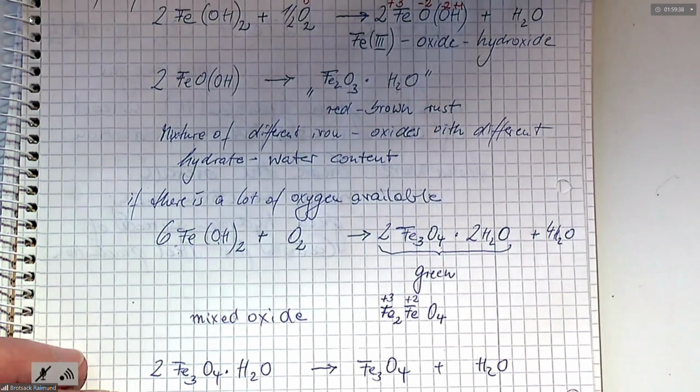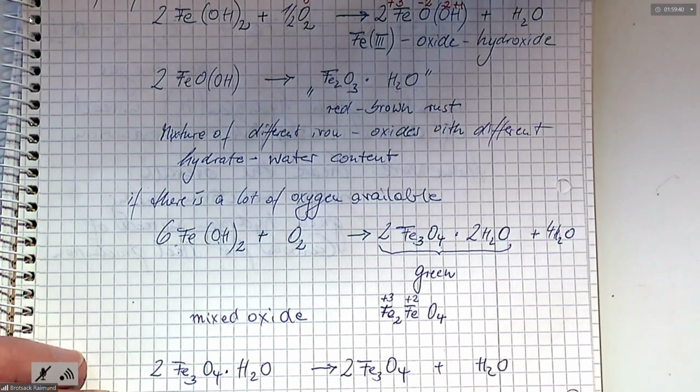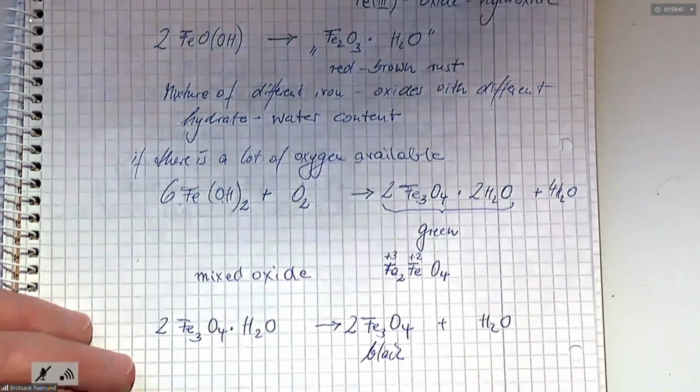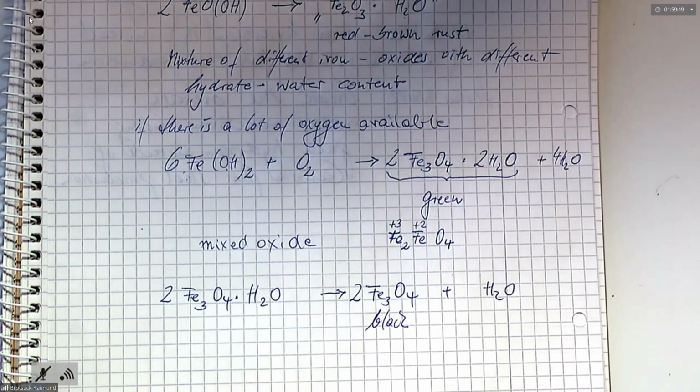When it is drying, we have a black version of the pure iron oxide Fe3O4 without crystal water. With crystal water, it's green. Without crystal water, it is black.